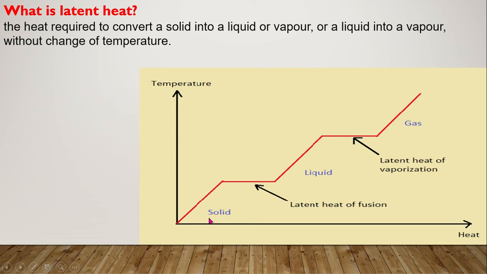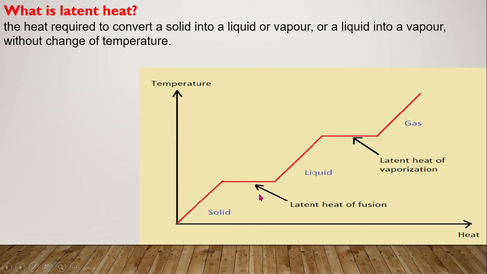That means suppose here ice is taken, okay? So at first the temperature will rise. When the temperature reaches 0 degrees Celsius, we can see from here to here there is no change of temperature, but heat is applied in this position, and the temperature will not rise.